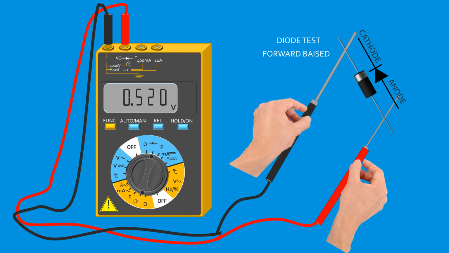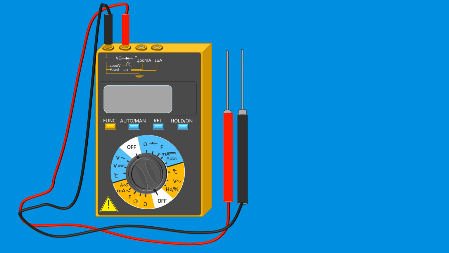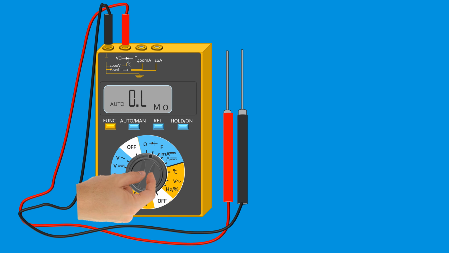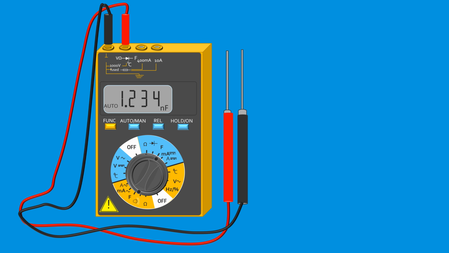Then we can say the diode is okay. Keep the knob at third step right. Now check capacitance.